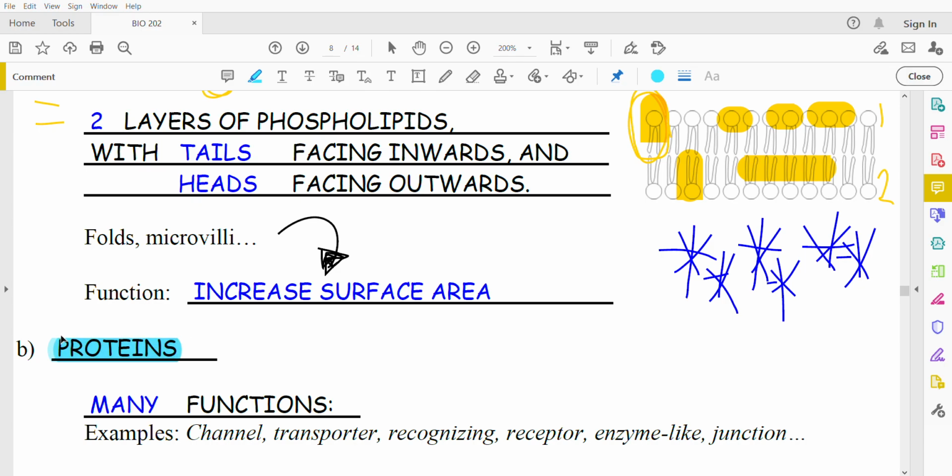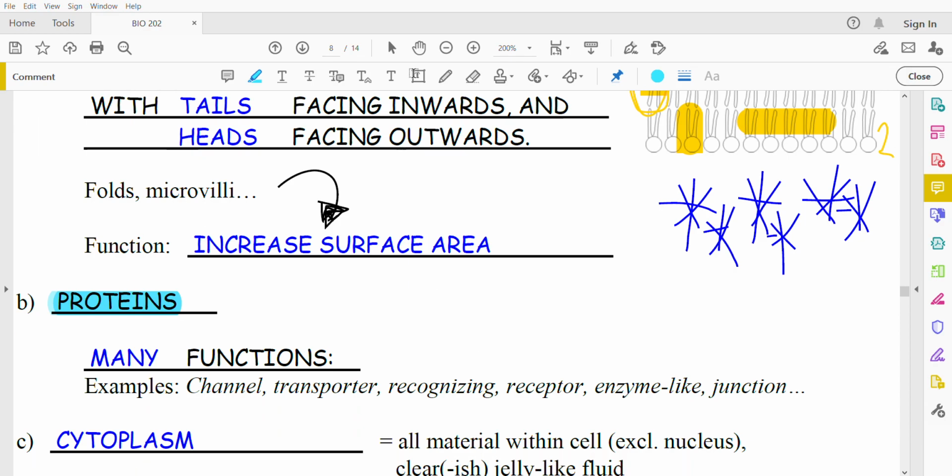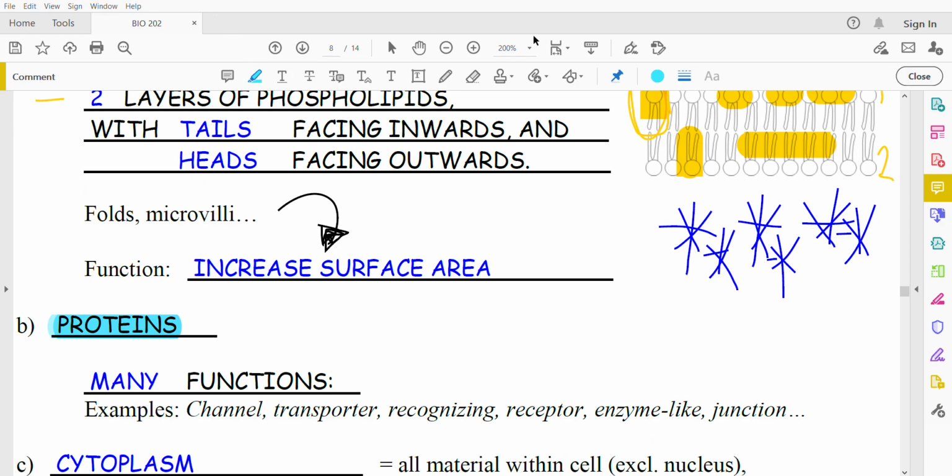So if you look at this diagram that we've drawn before, we're seeing it here at the top right corner of the screen, but I'm actually going to draw it again. So we saw our phospholipids here, typically the heads facing outside and tails facing inside, right?